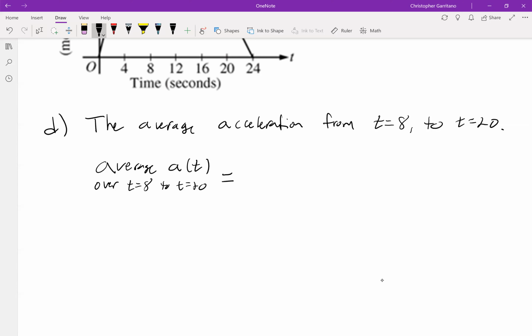Remember, we defined in calculus class that to find the average value of any function, we integrate that function over the particular time period of interest, and then we divide by the length of the interval of time.